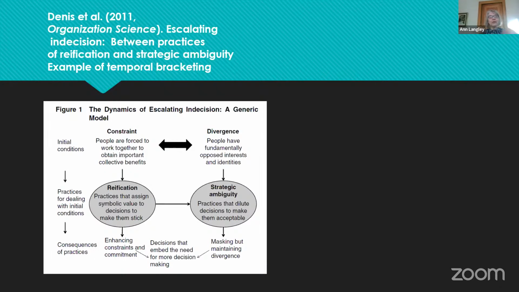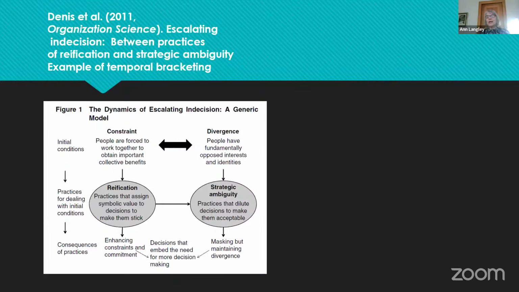And we showed that they kept making decisions that embedded ambiguity so that they would need to make the decision all over again. And the processes were that, okay, they would put forward a proposal where they would try and integrate everybody into the decision.